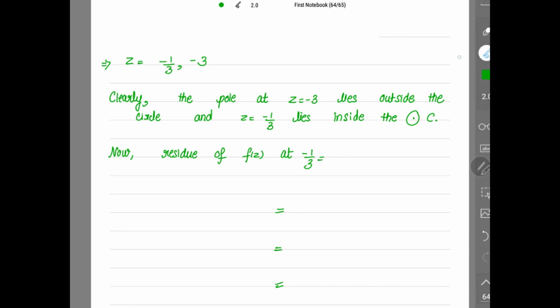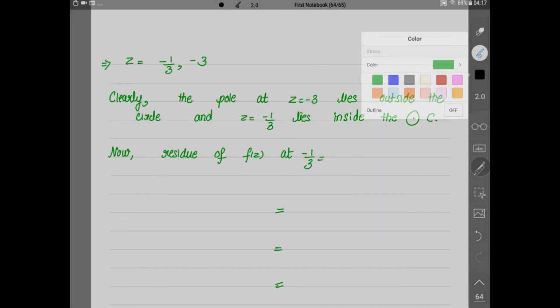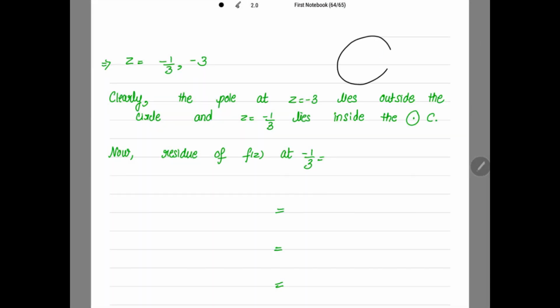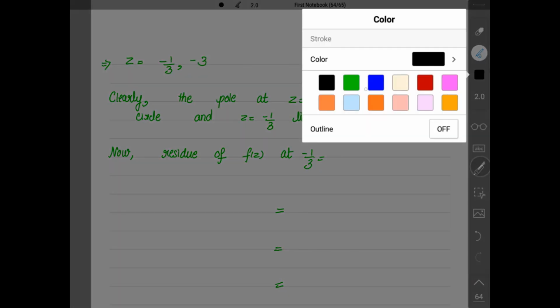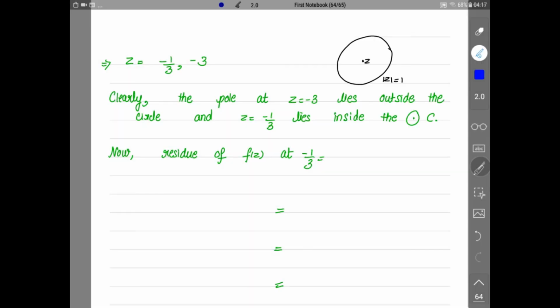So if you have your circle as mod z is equal to 1, this minus 3, take the mod which is equal to 3, it lies inside the circle. Oh my god, I'm so sorry, this lies outside the circle.